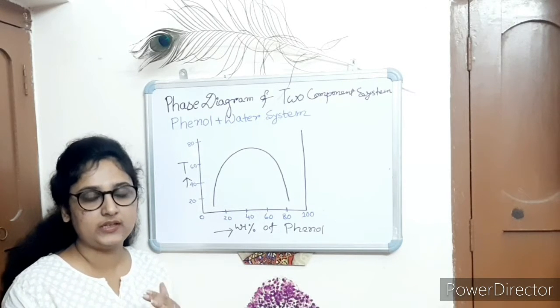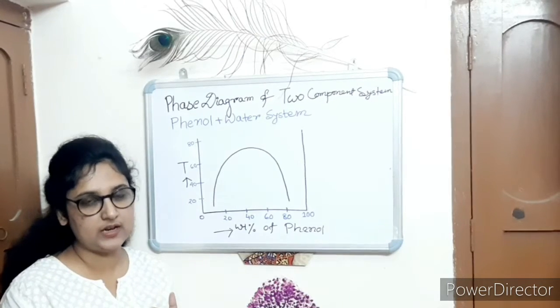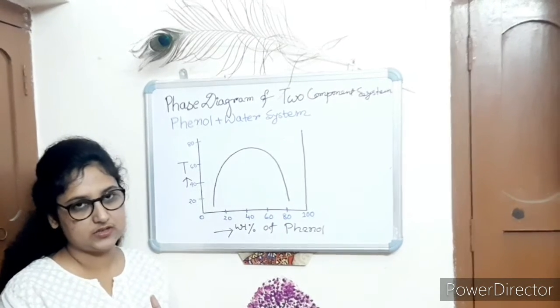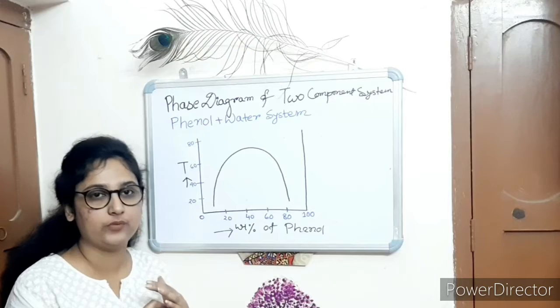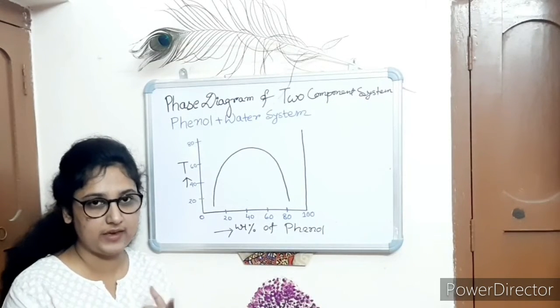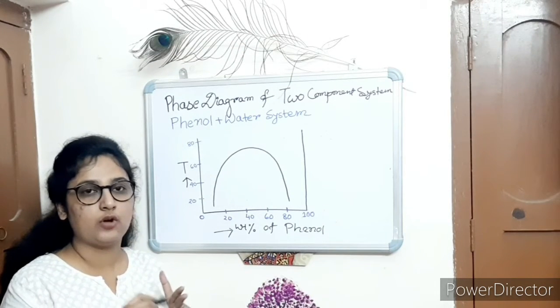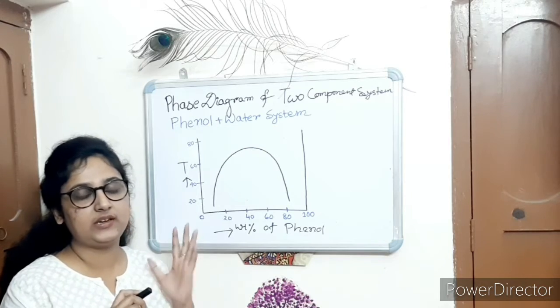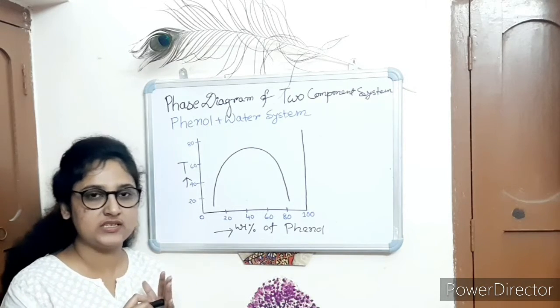When they are mixed together they can form a homogeneous solution as well as a heterogeneous solution, and these two types of phase are completely dependent upon the temperature and composition of the system.